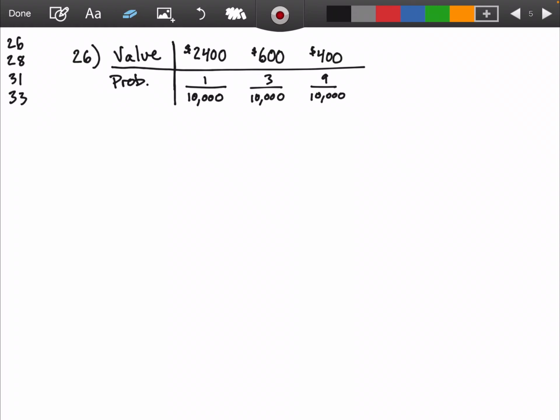So expected value is all value times probability plus value times probability.